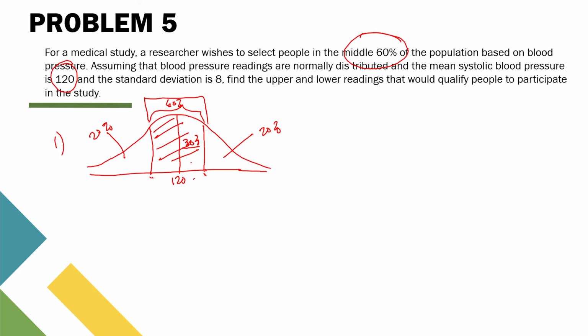If this is 30%, we have 0.5 plus 0.3, because if we make use of case number 1, this part is 0.5 and this one is 0.3. So therefore, this is 0.800.